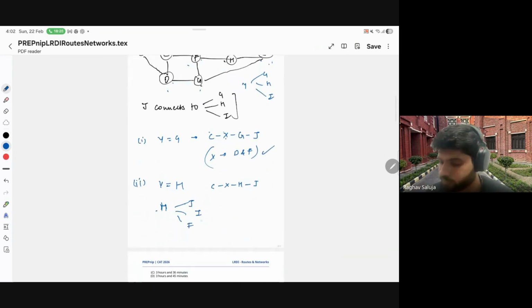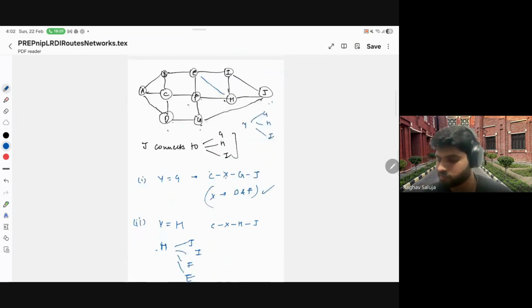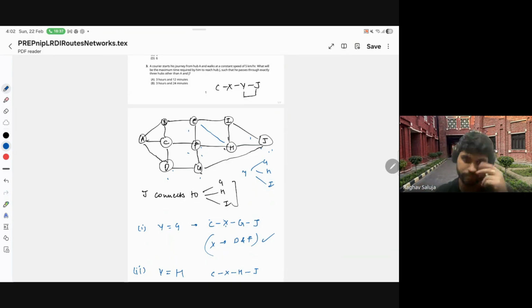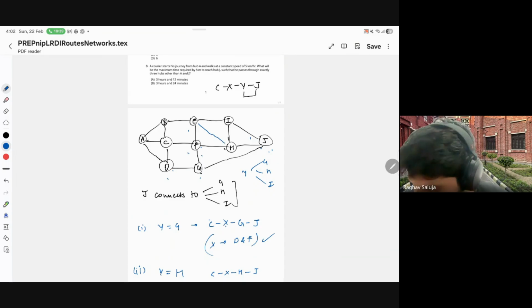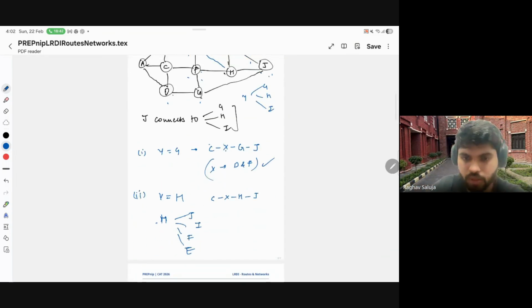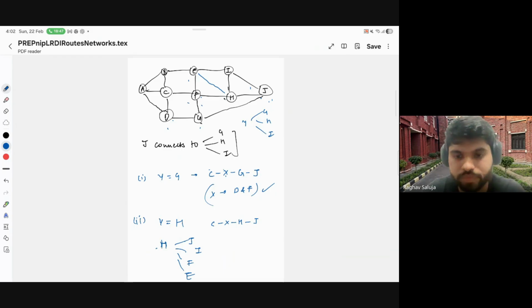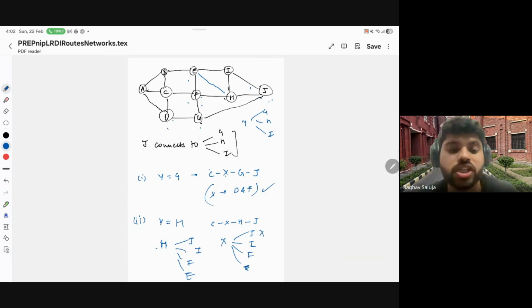Yeah, and E. So neighbors of H are J, I, F and E. Now मुझे ये बताओ, can X be J again? Nope. X can't be J. X के लिए जो आपके ऑप्शंस हैं J, I, F and E, उसमें X cannot be J because again J is the end and J is not the neighbor of C.